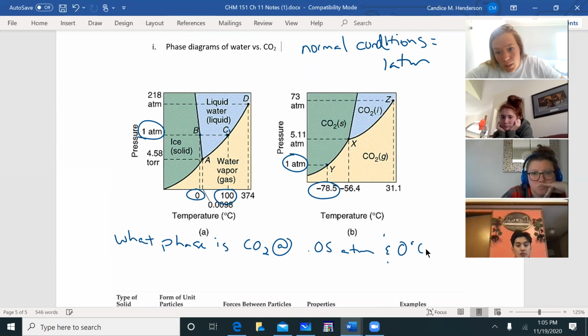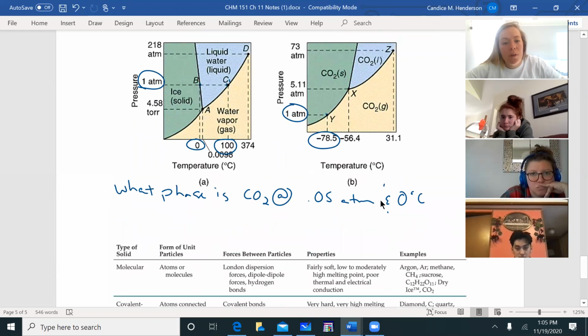Okay, I'll give you an X and a Y. So go ahead and look at your diagram here. Figure out in what region do we see CO2 at half an ATM and 0 degrees C.